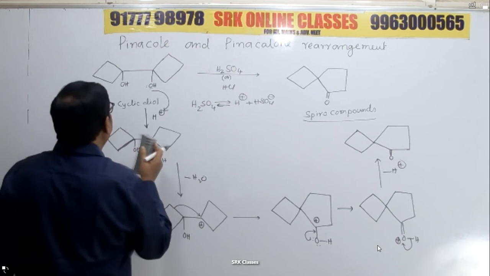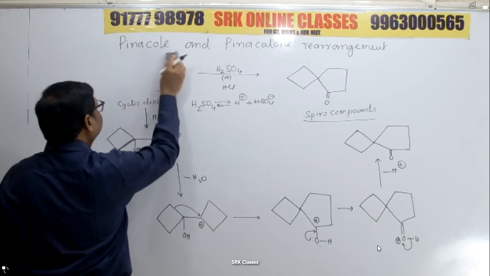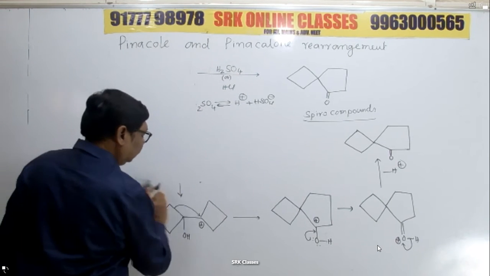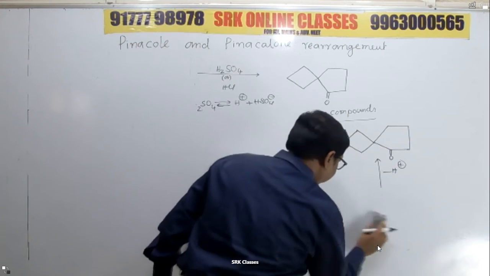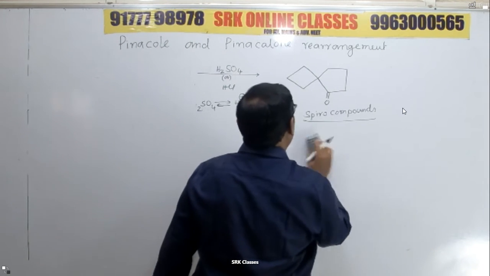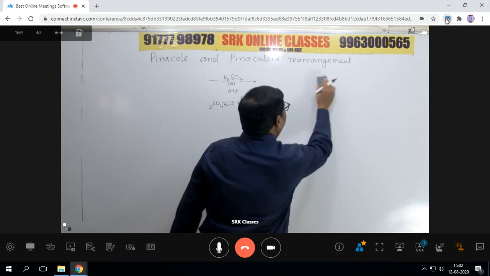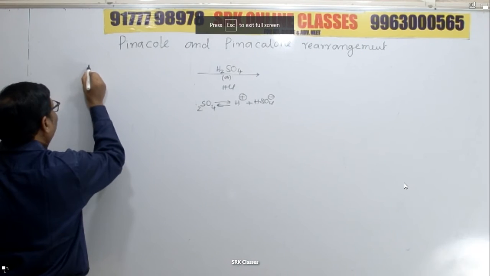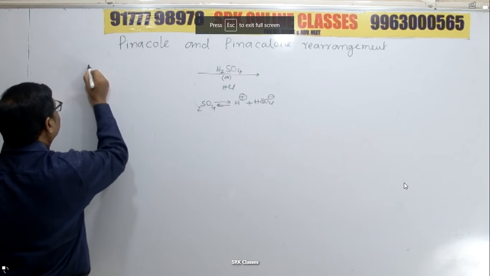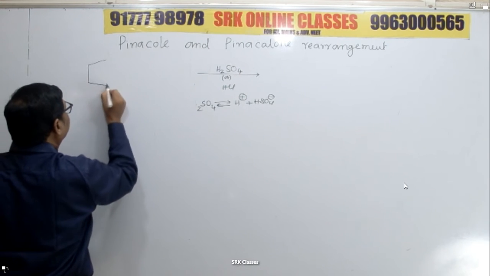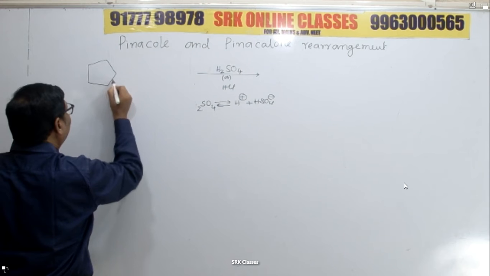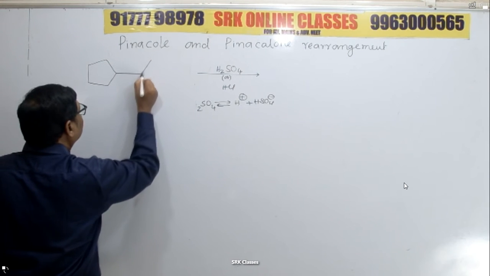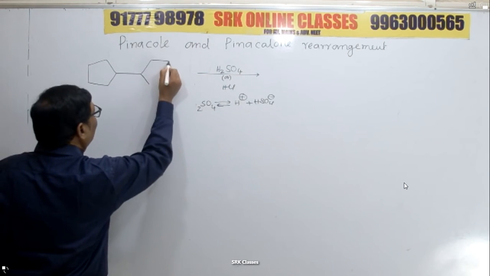Previously I wrote 4 and 4-membered rings. Now I will take 5 and 5-membered rings. This is a cyclopentane compound, and this is also cyclopentane.